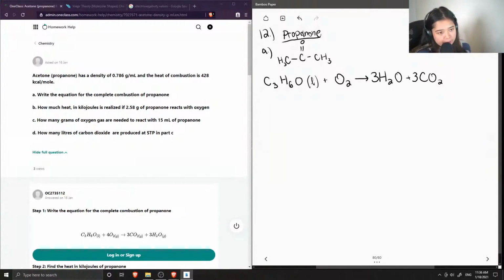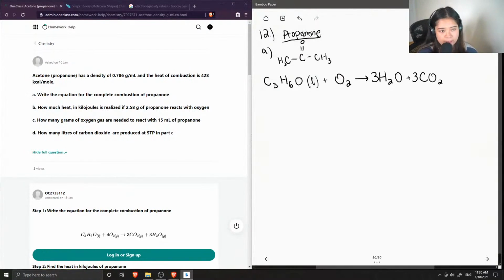And at this part, I like to now balance my oxygens, and I do it last because if I were to balance it first, then once we start balancing the hydrogens and the carbons, the numbers will all change and we have to redo it. That's why we balance oxygen last.